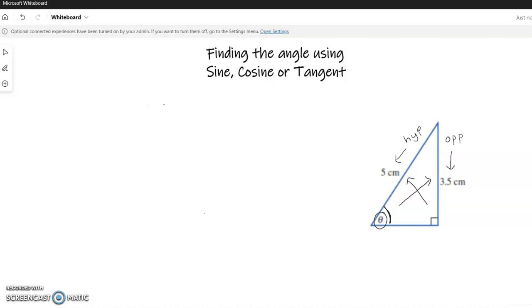Now, the ratio that uses the opposite side and the hypotenuse is sine. So in this case, our first line of working is going to look like this. We have sine of our angle, and we don't know what it is, so we're just going to call it theta, is equal to the opposite side over the hypotenuse.